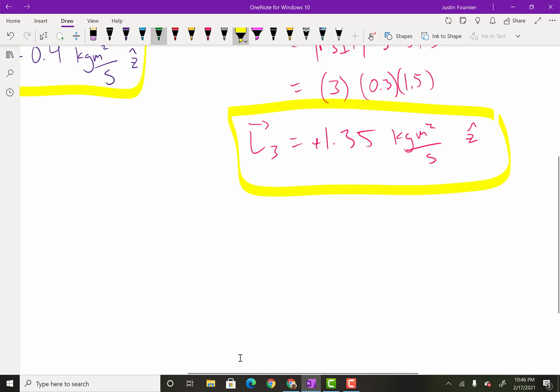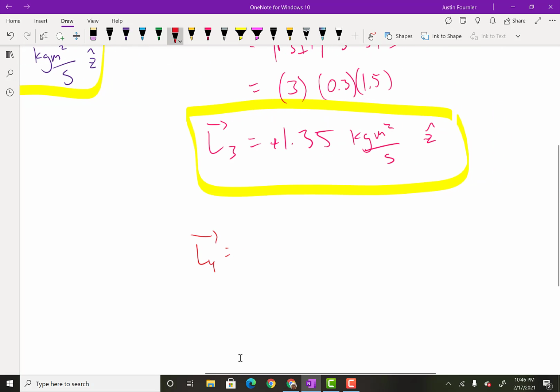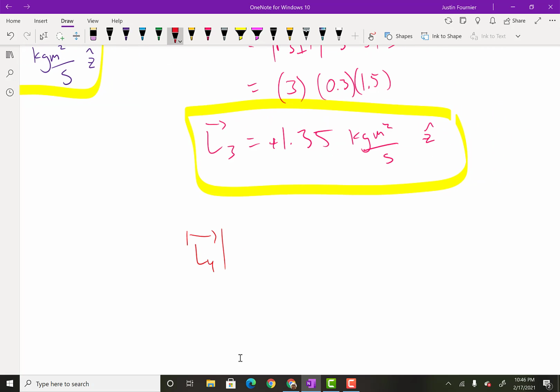And we're going to do the last one, which is L4. The magnitude is going to be R4 times the momentum, m4 v4, sine of theta 4.